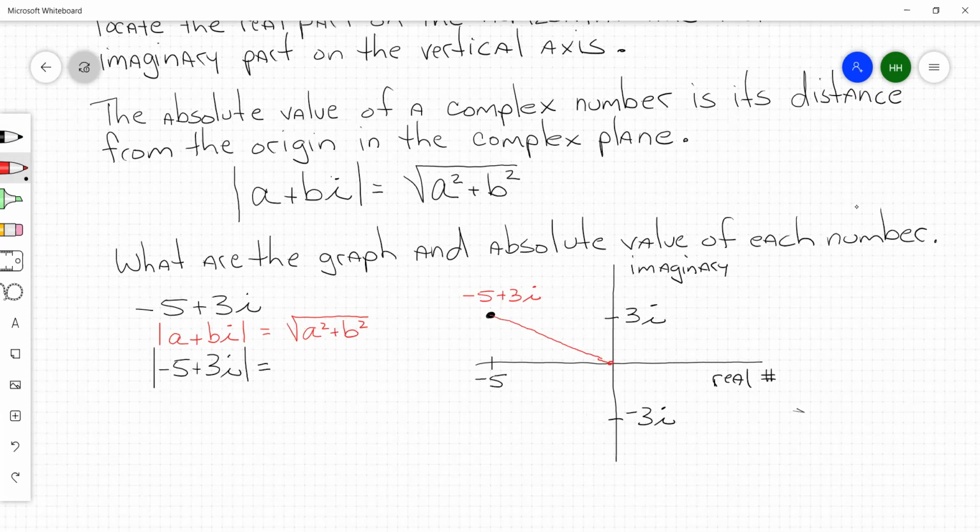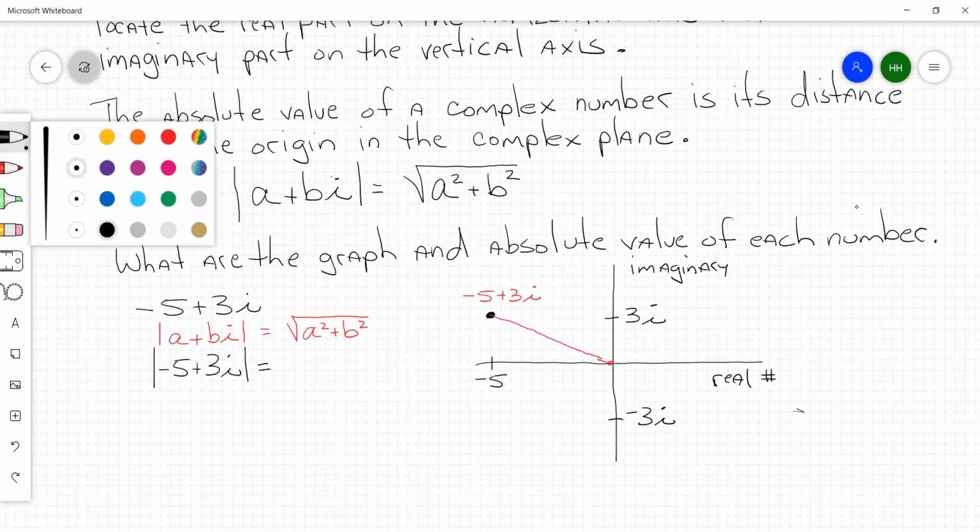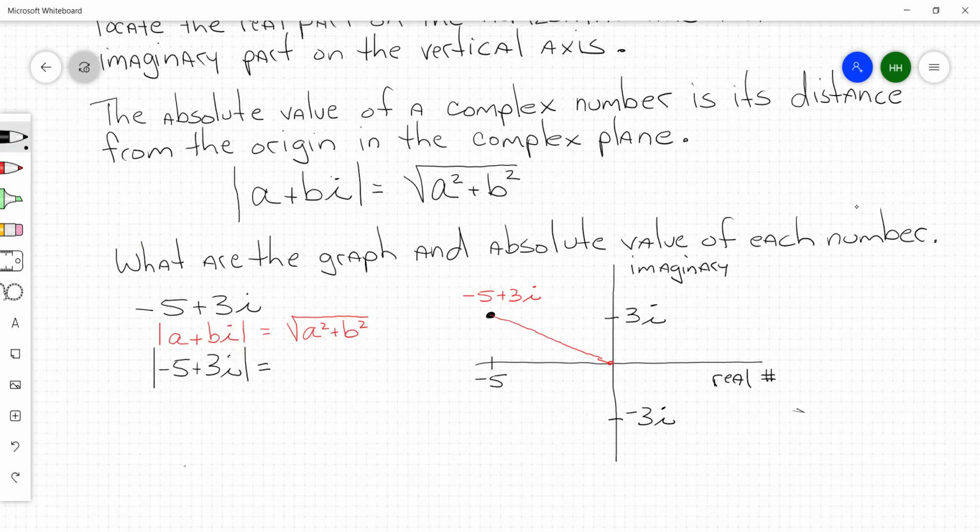So in this case, your absolute value of negative 5 plus 3i is going to be the square root of, look what your A is. Your A is negative 5. So this is going to be the square root of negative 5 squared plus your B value is 3.